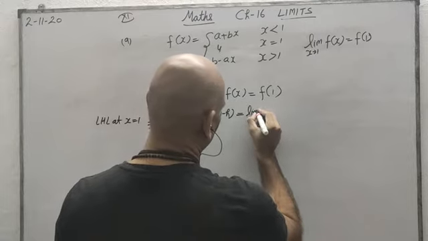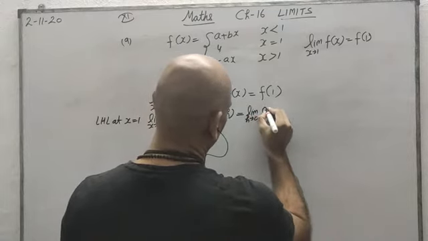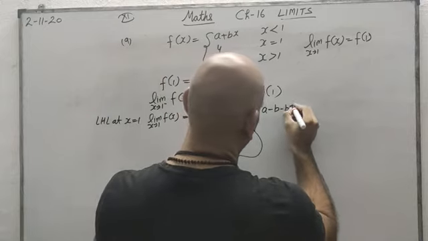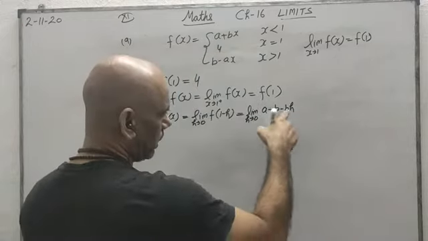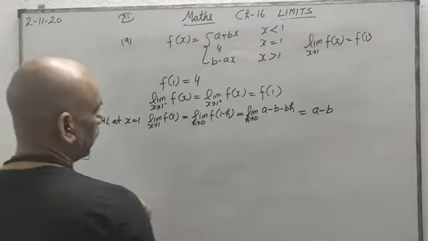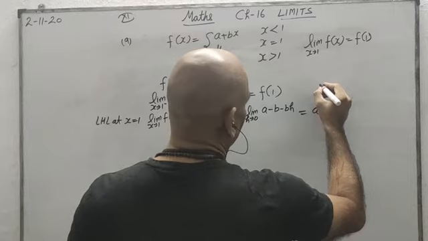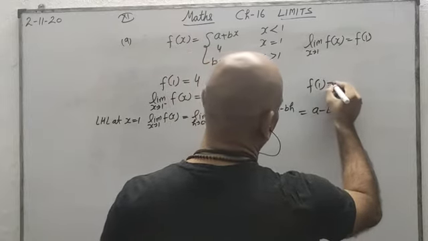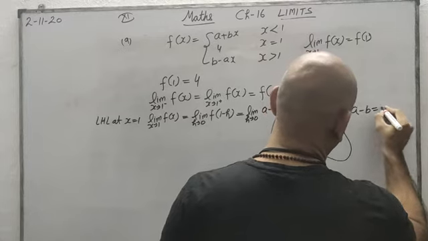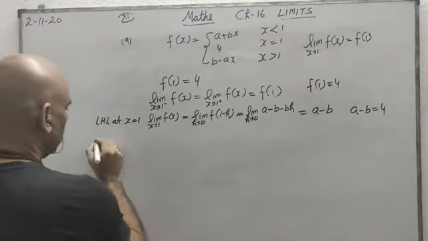So limit h tends to 0 of a + b(1 - h), that is a + b - bh. Now I substitute h as 0, so I get the value a + b. And f(1) is 4, so when I keep them equal, my first equation is a + b is equal to 4.